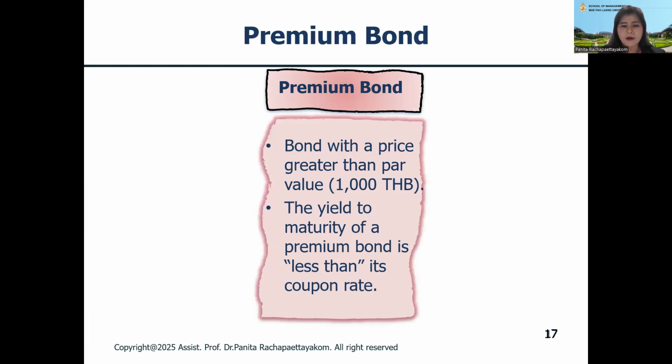The premium bond, in this case, please imagine that if you buy a bond at greater than 1,000 Thai baht, we call it a premium bond. The yield that you get from buying the premium bond will be less than the coupon rate specified on the bond since launch.